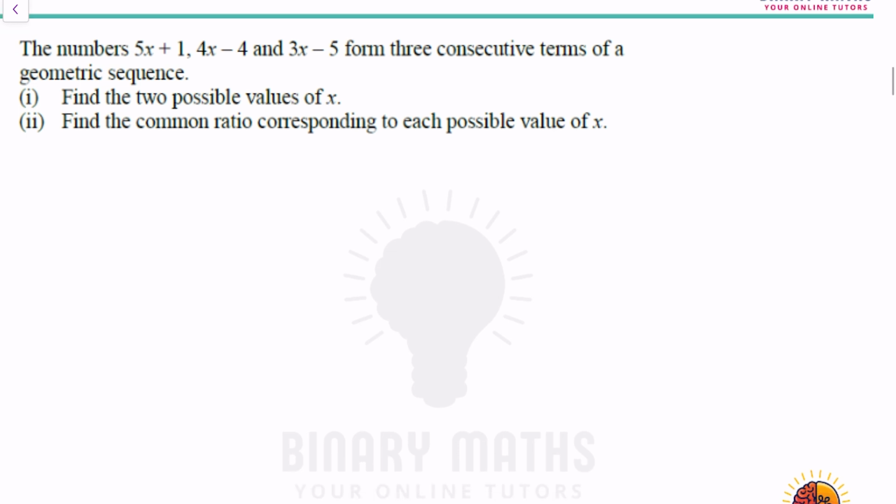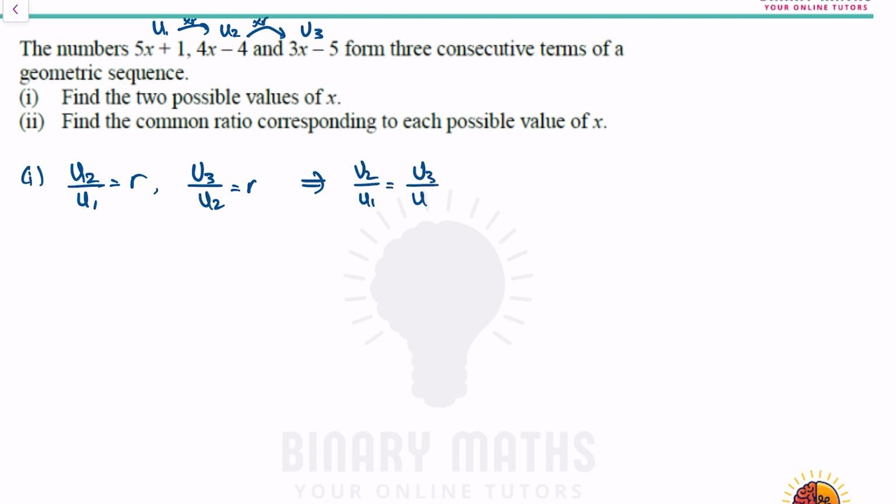Okay, the numbers 5x plus 1, 4x minus 4, and 3x minus 5 form 3 consecutive terms of a geometric sequence. So this is u1, u2, and u3. And to get from one to the other, because it's a geometric sequence, you are timesing by r. So if I do u2 over u1, I get r. And if I do u3 over u2, I also get r, which implies u2 over u1 is equal to u3 over u2.